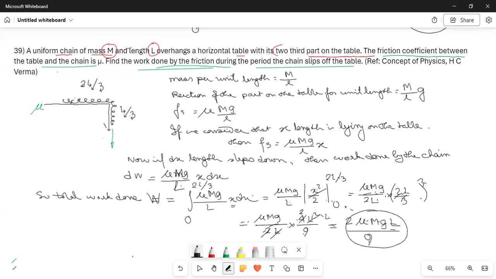Now, this work is done by the gravity. So let me put it here in a different color. This work is done by gravity.